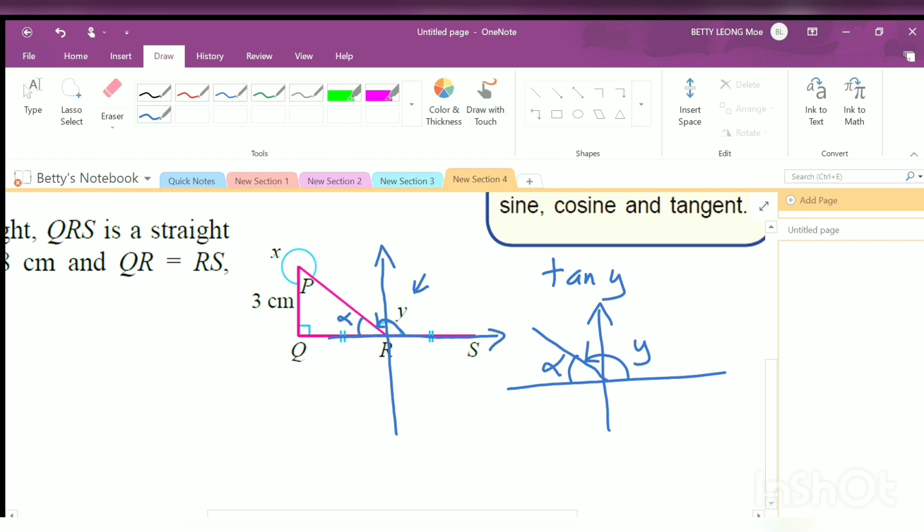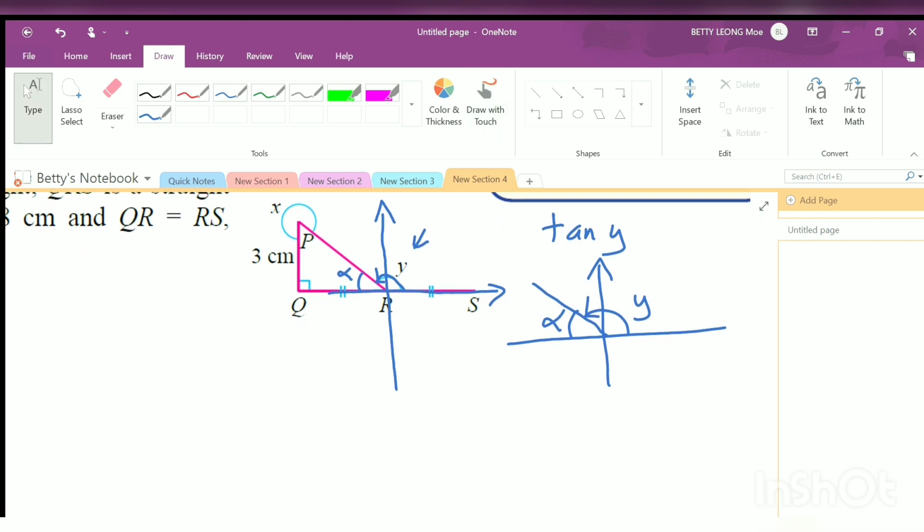So you want to find your tangent y. Your tangent y is equal to tangent alpha.